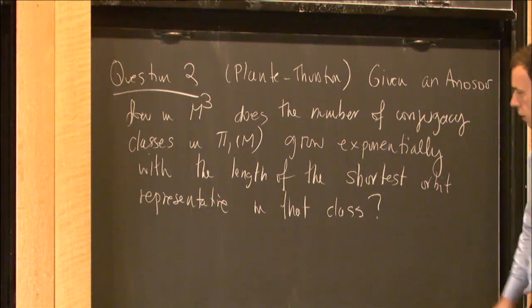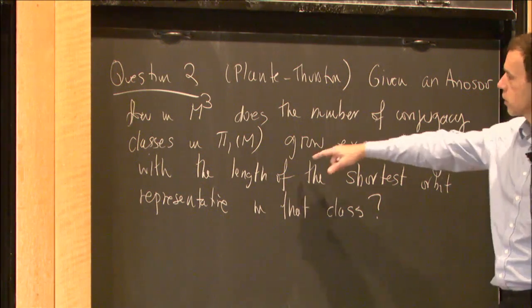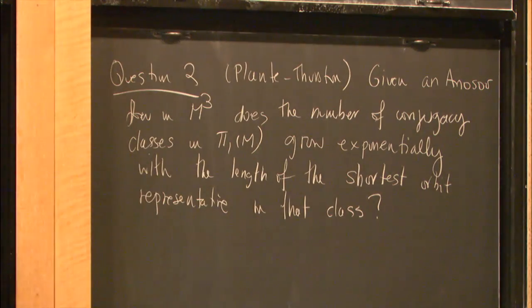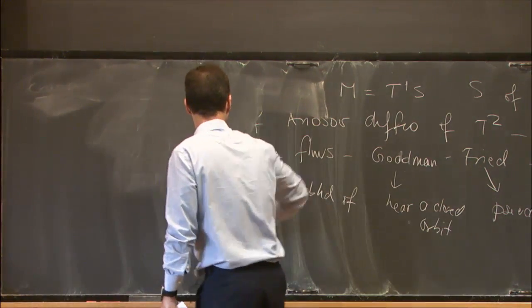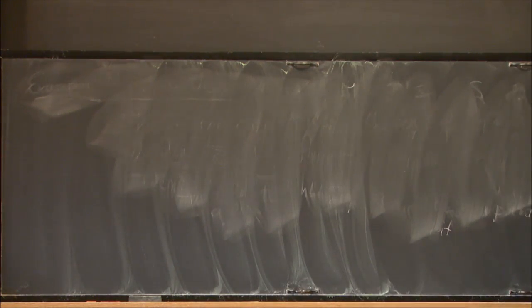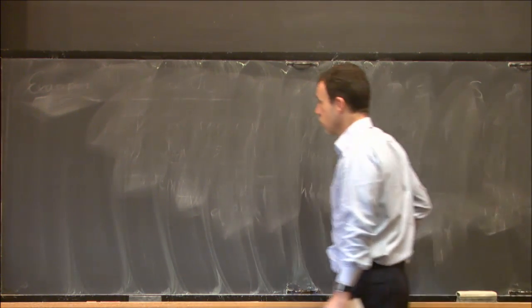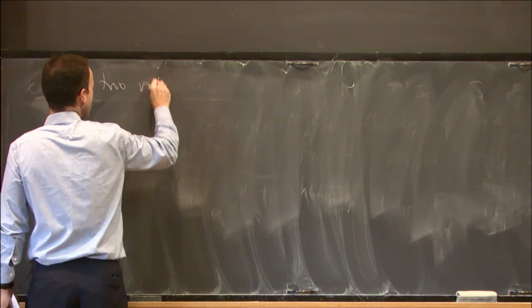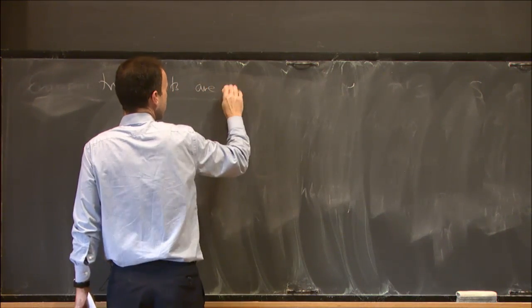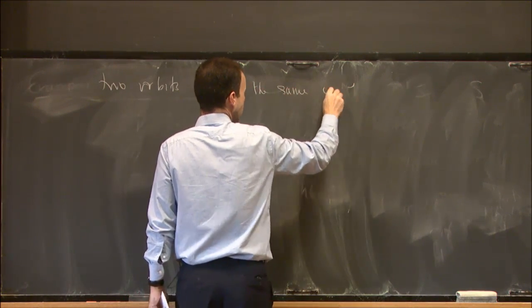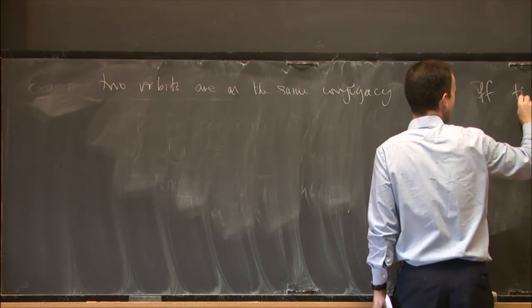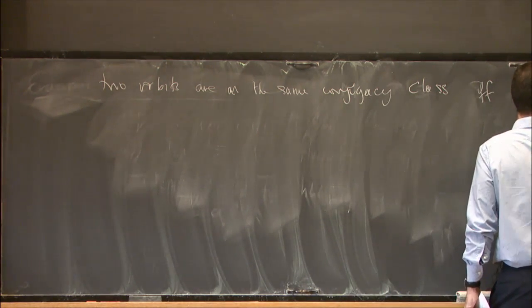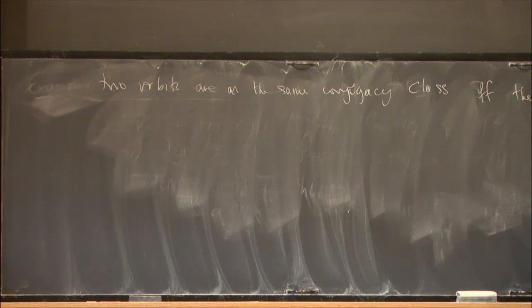But now I'm going to identify orbits which are in the same conjugacy class of pi1 of M. So 2 orbits are in the same conjugacy class if and only if they are freely homotopic.